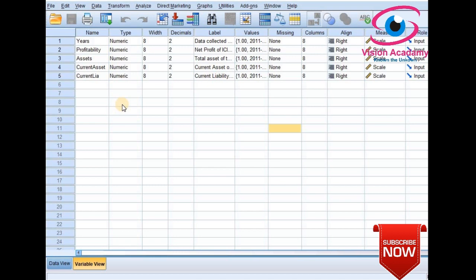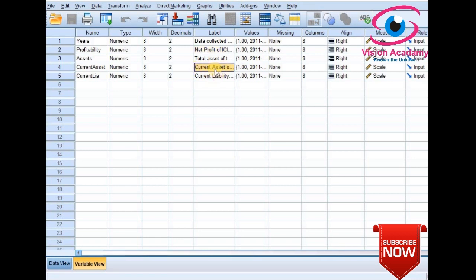So based on that, I will frame a hypothesis. Based on the available variables in my data set, I will formulate that higher the profitability in ICICI Bank and total assets of ICICI Bank, which means these are two independent variables in this hypothesis, increases current assets.